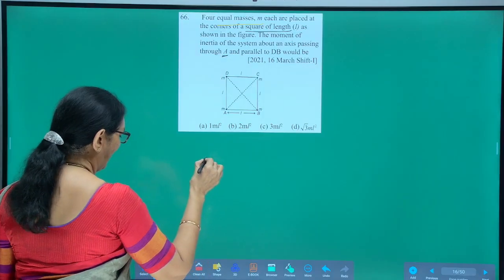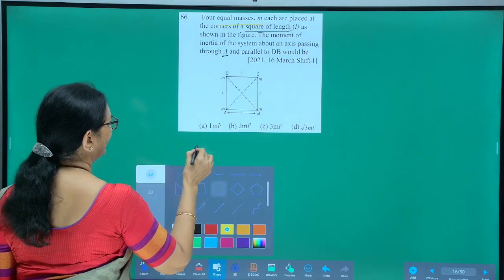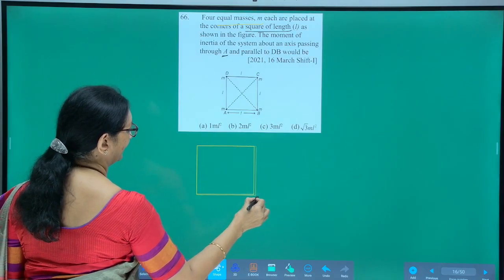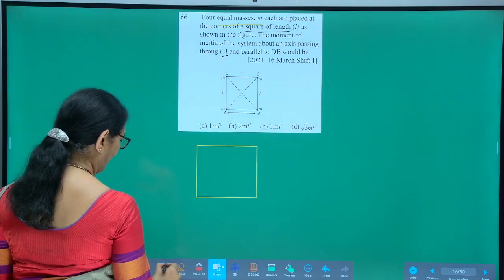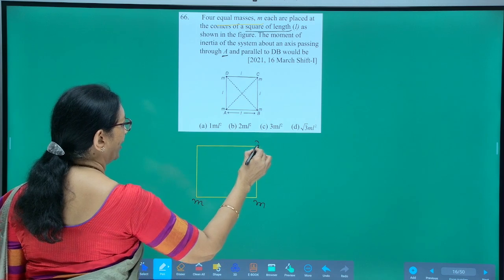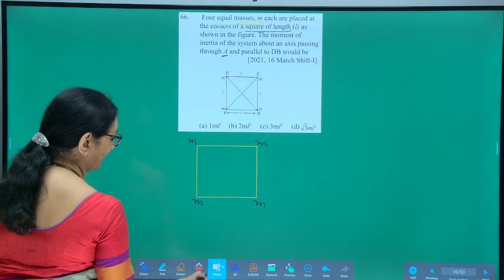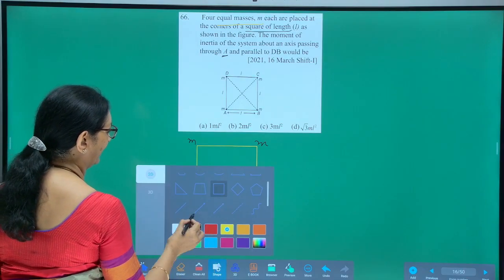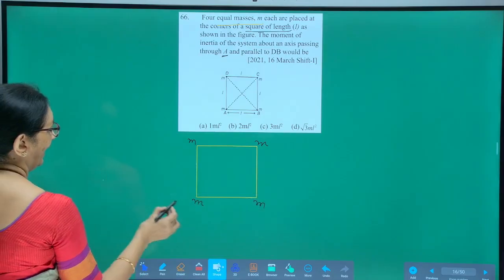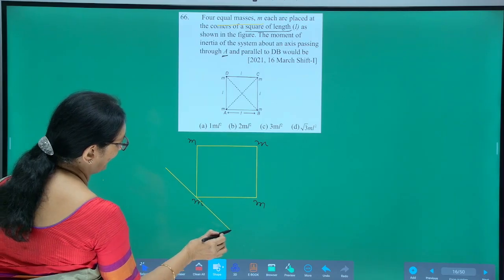So here I am writing that square. Okay, so let me draw the square here. This is the square, and four particles of mass m each are placed at the four corners. And here you are supposed to find the moment of inertia of this square about an axis passing through the corner like this.